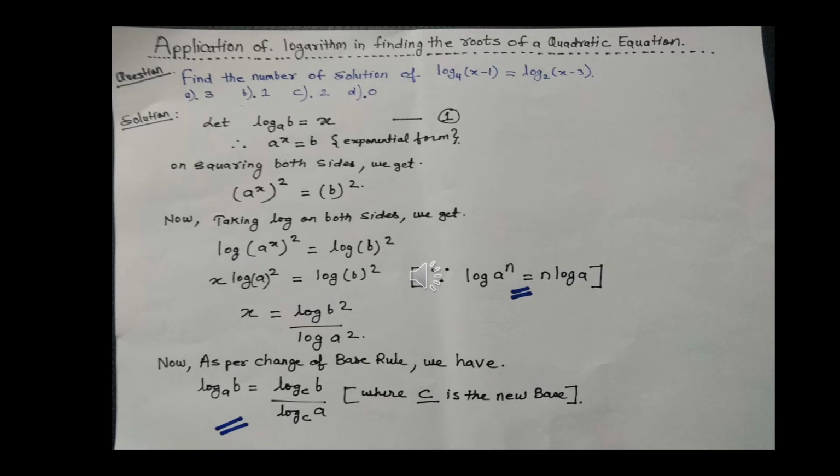Now we can see from here that as per the change of base rule in basic principles of logarithm, we can always write log of b to the base a as log of b by log of a, where the base is common, that is c.